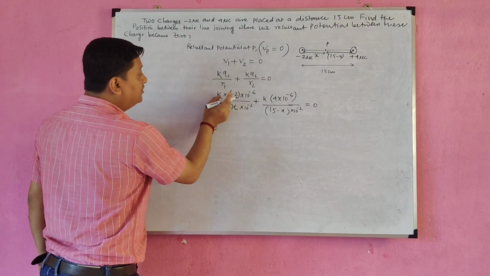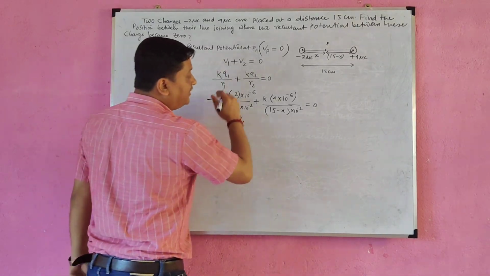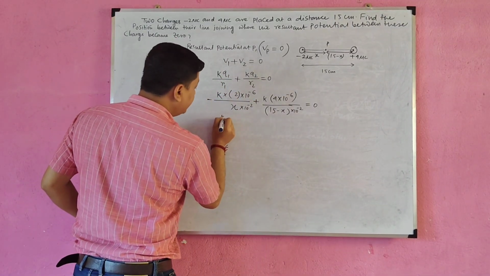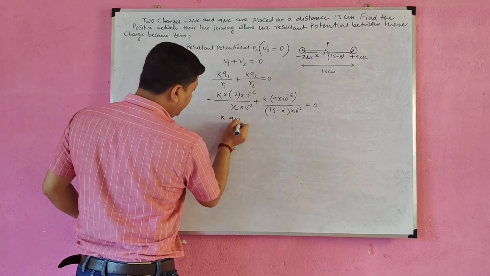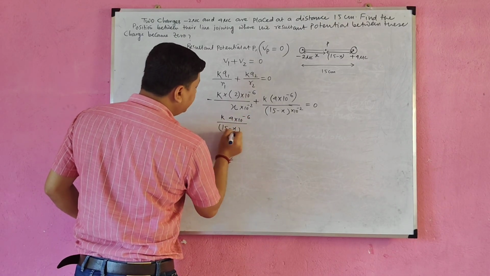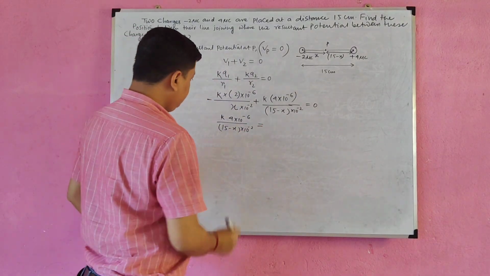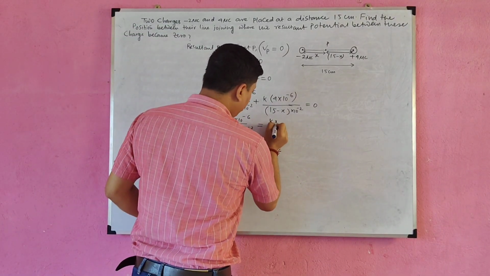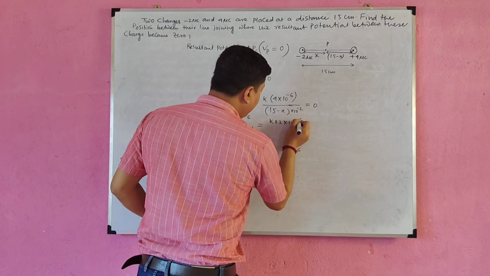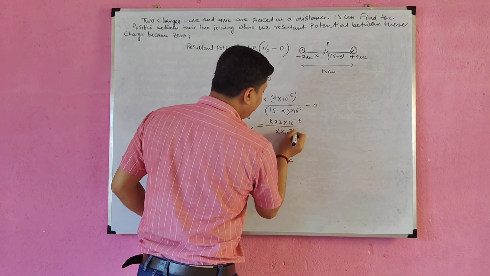That indicates what? As this is minus, so it became minus here. So if I take that side, we can write K into 4 into 10 to the power minus 6 upon 15 minus x into 10 to the power minus 2 equals to K into 2 into 10 to the power minus 6 upon x into 10 to the power minus 2.